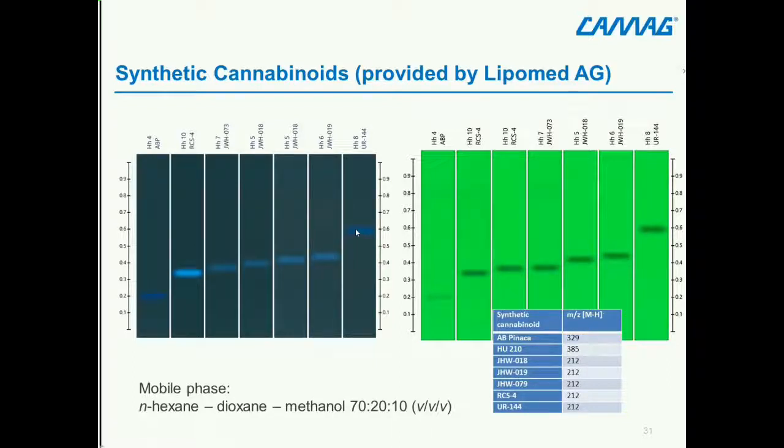As long as it's not known, it's not forbidden. And most of these synthetic cannabinoids show a fluorescent blue zone without derivatization. So you can screen for them, analyze them by mass spectrometry, and see if there is something added to the herbal mixture.